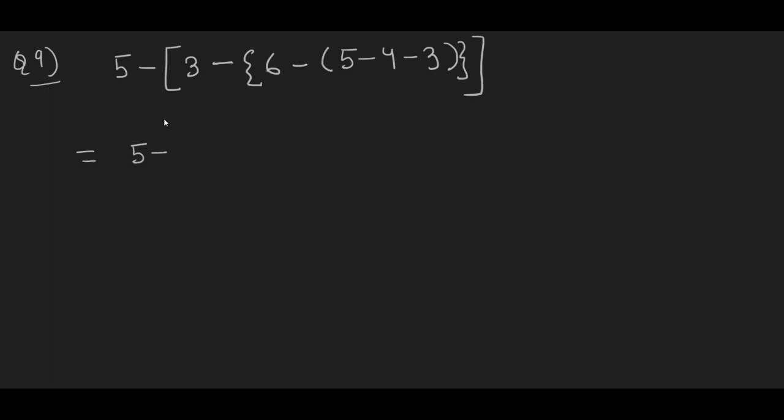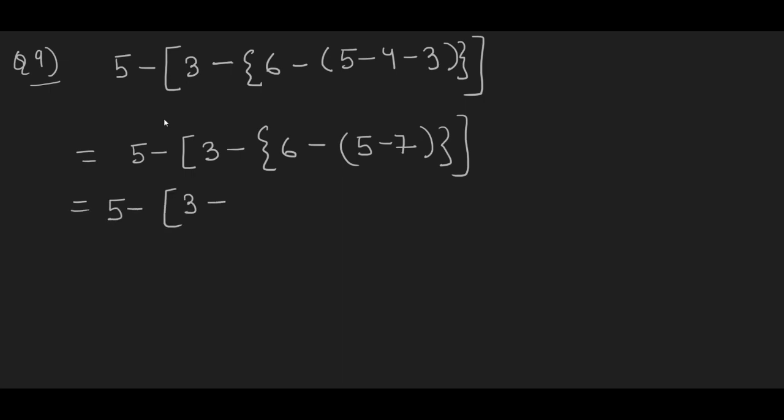So 5 minus 3 minus 6 minus 5 minus 7, 4 minus 4 minus 3 will become -7. So now 5 minus 3 minus 6 minus 5 minus 7 will be -2.